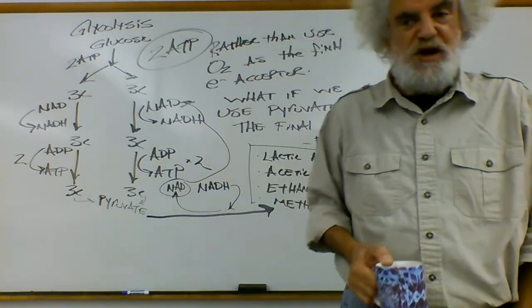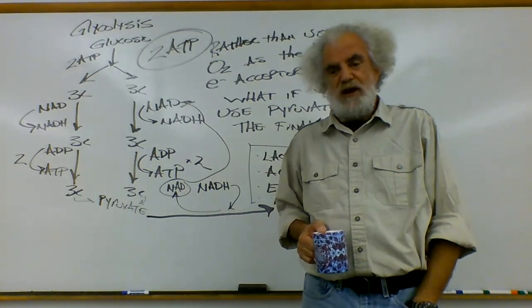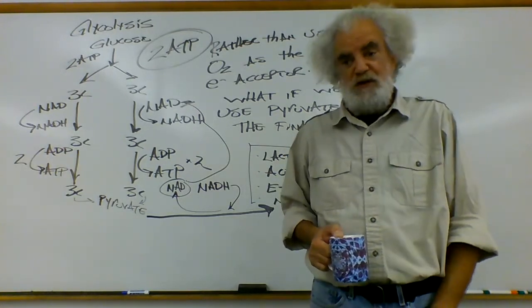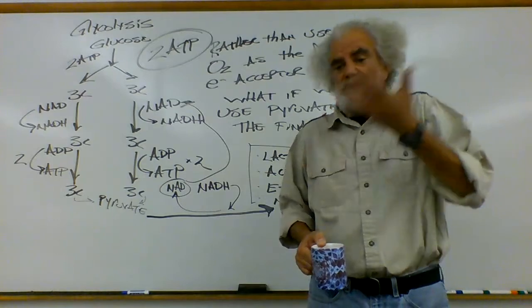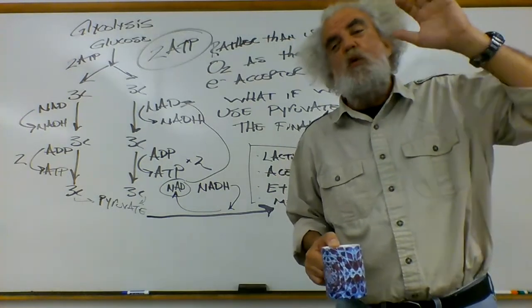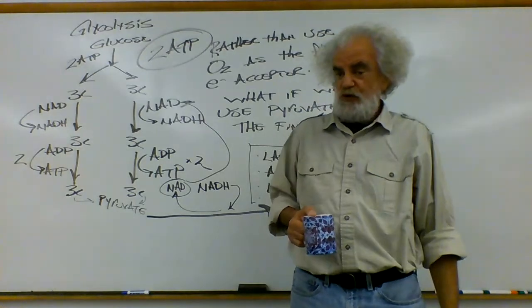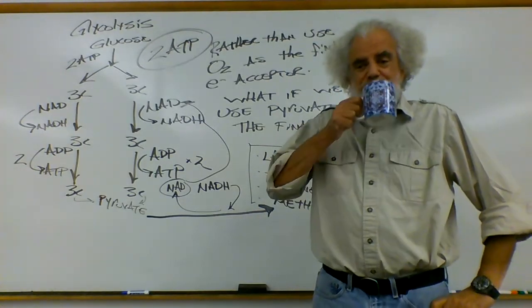And so you end up building up lactic acid to a point that you can't survive. And so it is, for animals, really a last-ditch effort. For bacteria, it works. It just means that things are going to go way slower. But they grow in the absence of oxygen. Pretty damn cool.